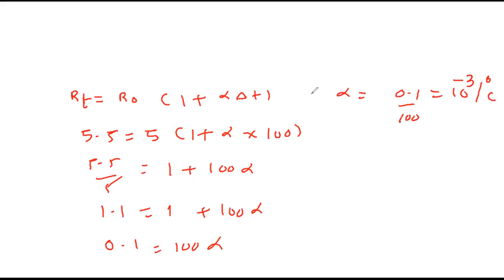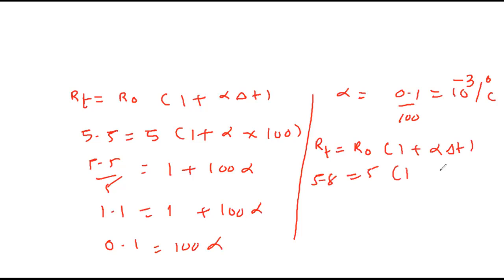Now for the required RT, the third one is R0 (1 plus alpha delta T). R0 is 5, RT is 5.8, alpha is 10 raised to minus 3. The temperature T is missing because the starting temperature is 0.